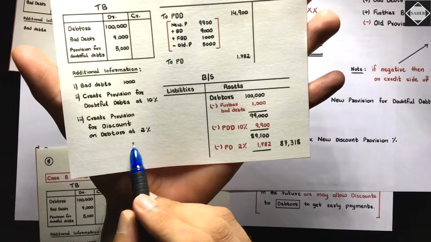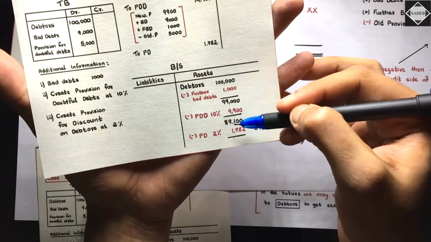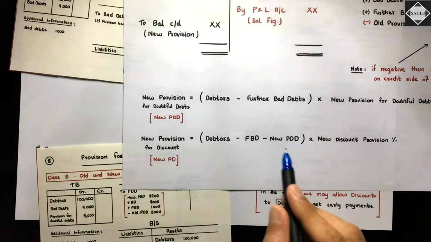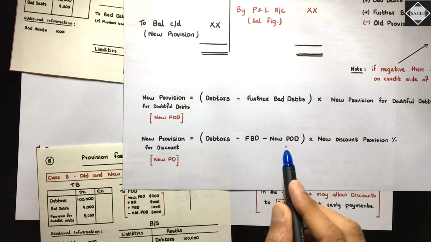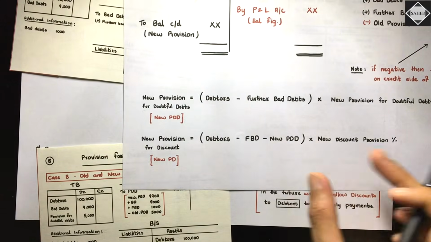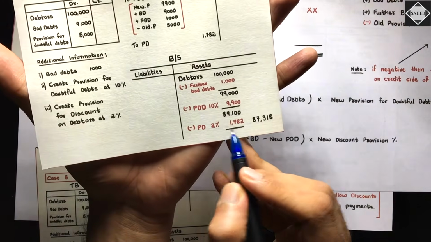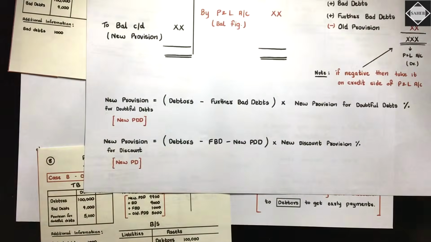They said 2% discount, so you have to create a 2% discount provision. First you have to do all this: debtors minus further bad debts minus new PDD. Then into discount provision: 89,100 into 2% is 1782. Easy. This is how you have to do it.